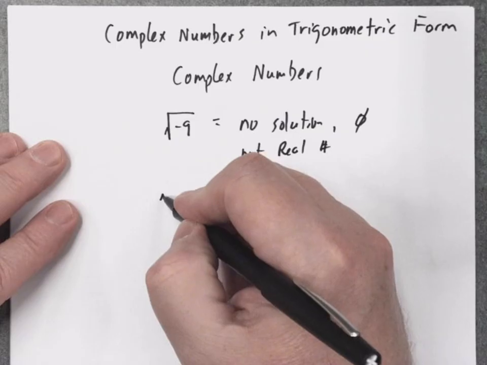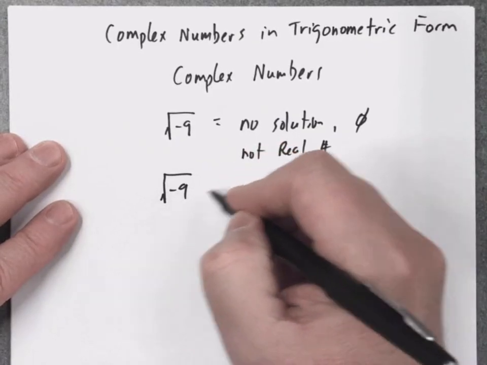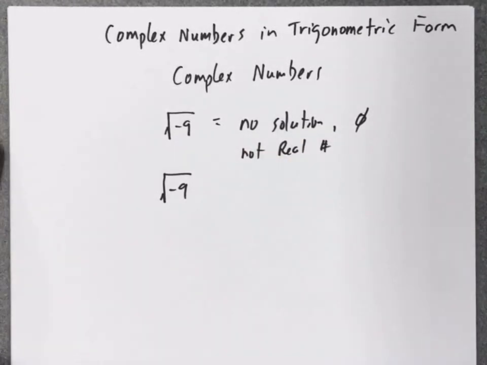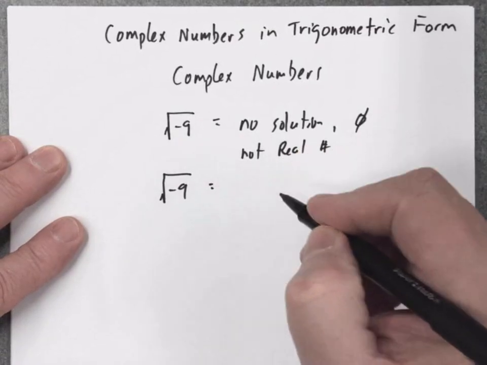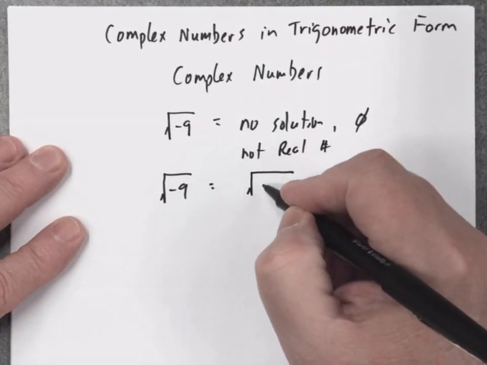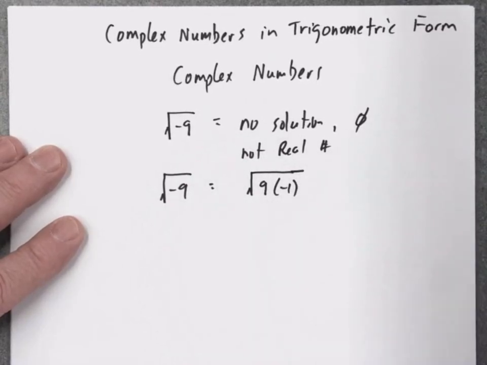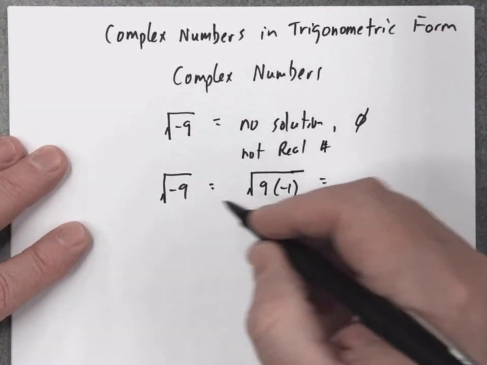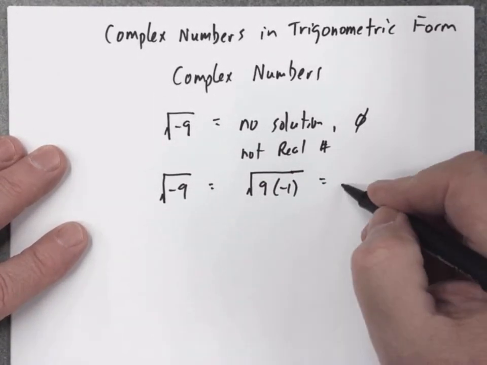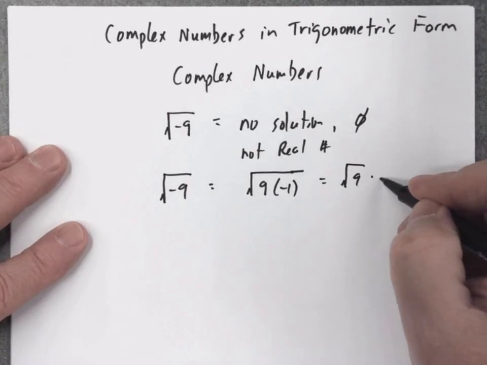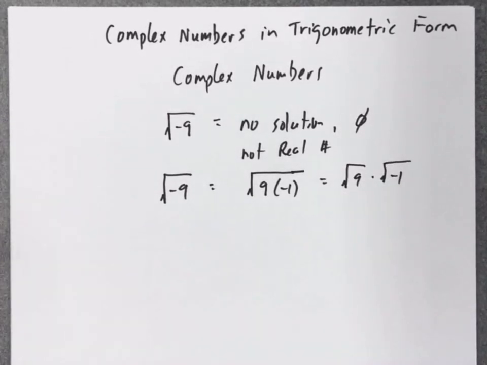But then, if you recall, at some point they decided instead of just stopping and saying there's no solution, they broke this up into -9 is 9 times -1, and then broke this up into two separate square roots.